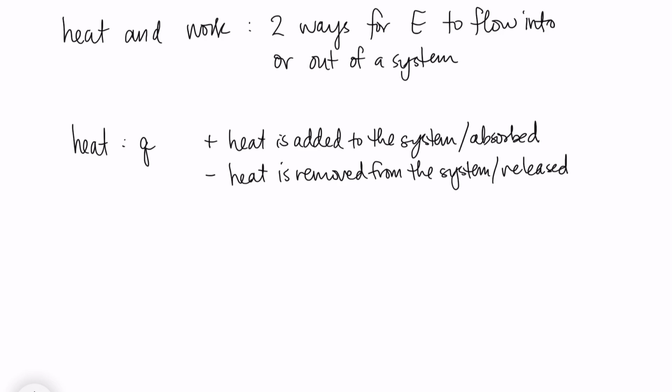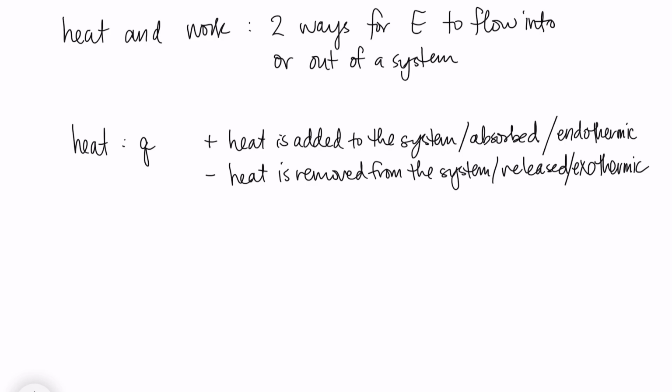We also have other words for this. When heat is absorbed, we call that endothermic, because heat, that's the thermic part, is going in, that's the endo. And if heat is released, then we call that exothermic, because heat is leaving the system.